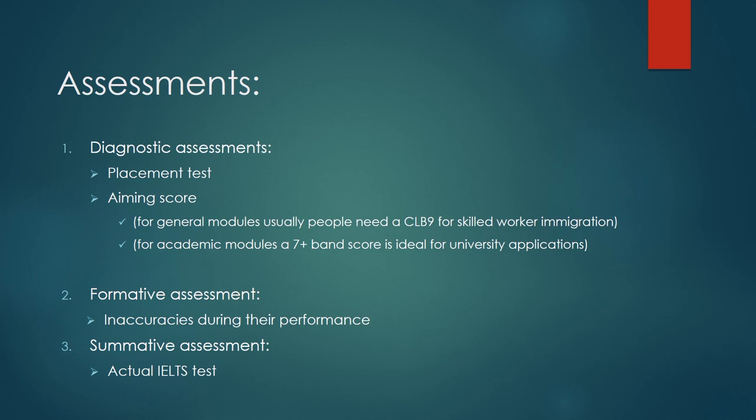The aiming score normally differs according to the purpose of the student's studies. For example, in case the students are interested in studying a general module, basically most of our students under this module are going to emigrate. So they want to go to Canada under a skilled worker program, and in order to do so, a CLB 9 is ideal, which is equal to a band score 7 in speaking.